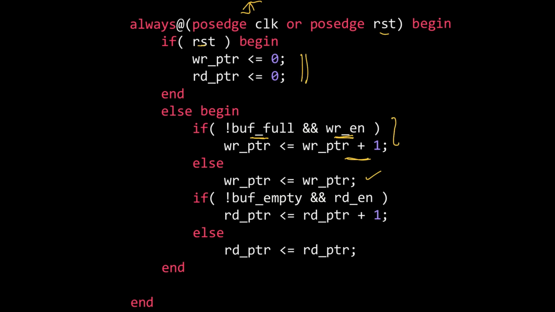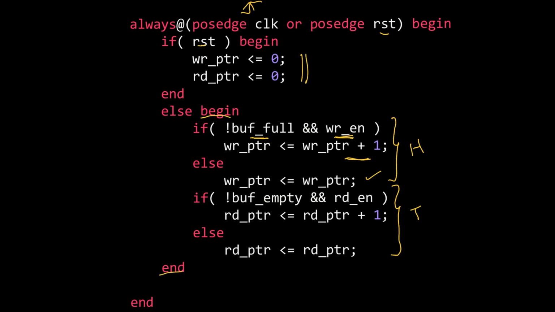Now if you see, this section and this section are both concurrent. This is for managing your write pointer, that is your head, and this is for managing your tail pointer, that is your read pointer here. So both are concurrent, both happen simultaneously within this else block, right?